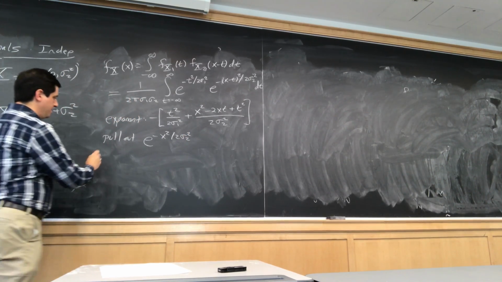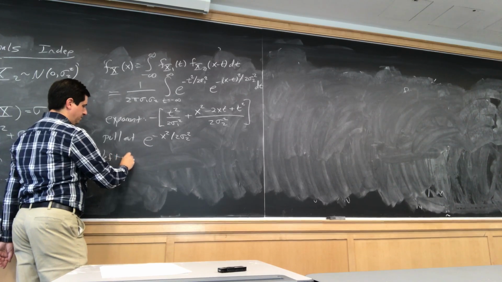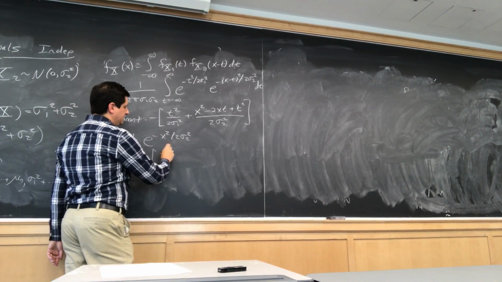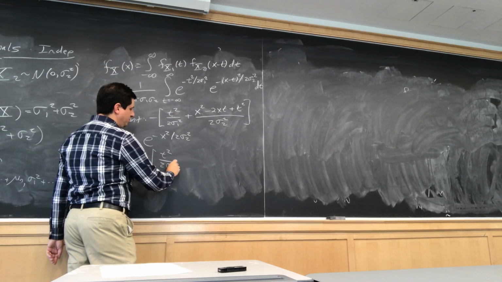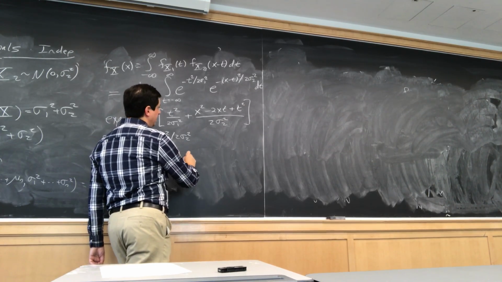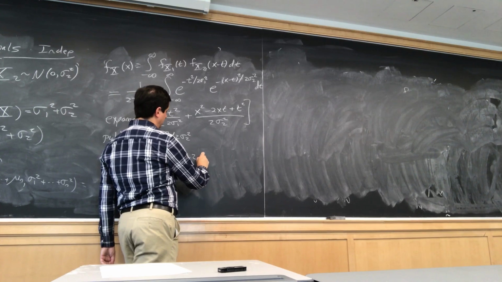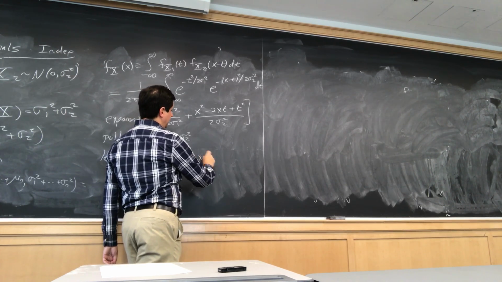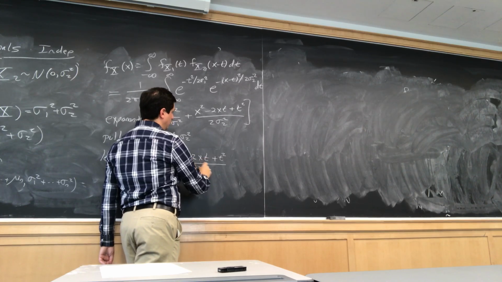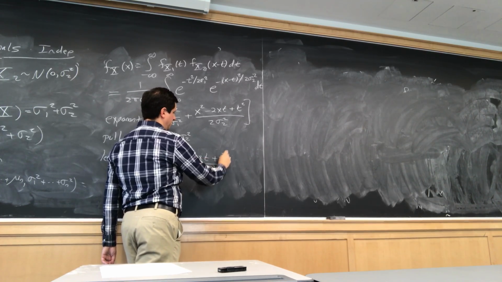And I'm left with t squared over 2 sigma 1 squared minus, I'll do it plus negative 2xt plus t squared over 2 sigma 2 squared.